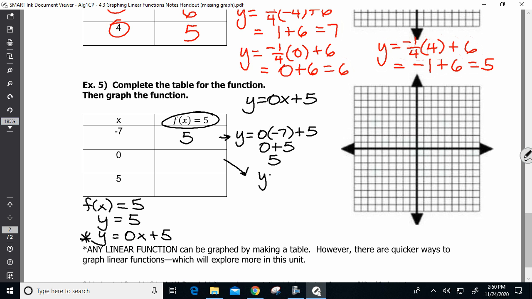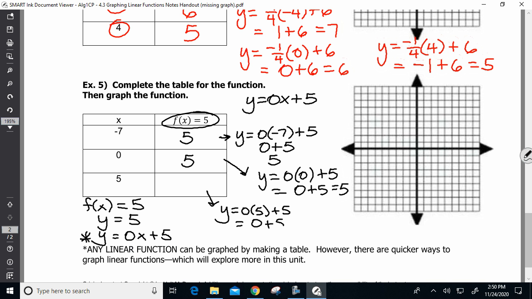Do the same thing with 0. 0 times 0 is 0. 0 plus 5 is 5. And then do the same thing with x equals 5. 0 times 5 is 0, and 0 plus 5 is 5. So no matter what x value we put into it, we got back an answer of 5. That's not a coincidence.